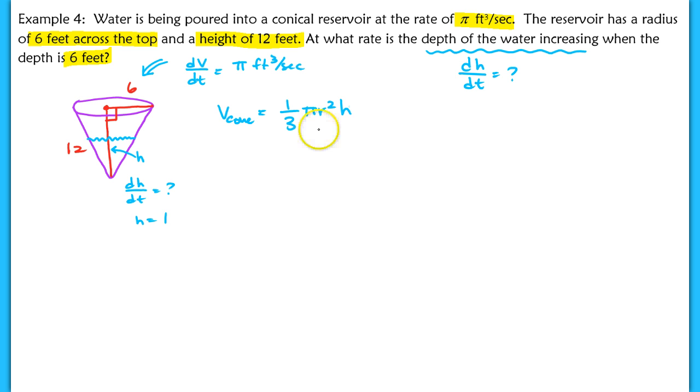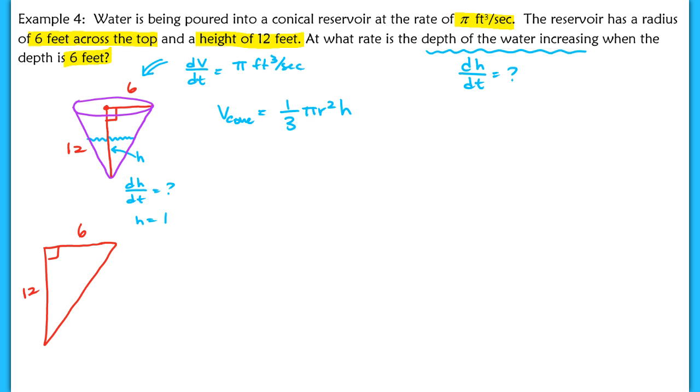Now, once again, we end up with a product here of 2 different variables, and when you differentiate this, just to avoid that, you can try to rewrite this equation in terms of just one variable. So that's what we're going to do here. We're going to look back at this diagram. Let's use similar triangles. So we have that big triangle here, radius 6 and a height of 12.